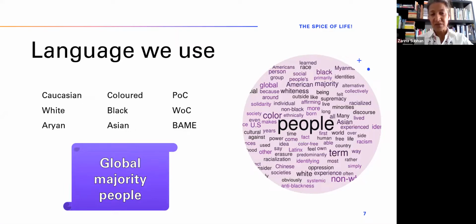And they have, as a group, experienced a great deal of racism and differentiation and discrimination in the UK. So they are a white ethnic minority group that has faced historically a lot of discrimination. So perhaps we should consider talking about global majority people and white people. Maybe that is a better way of talking about people.